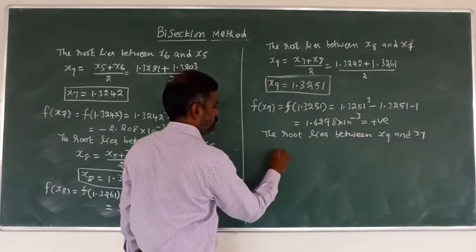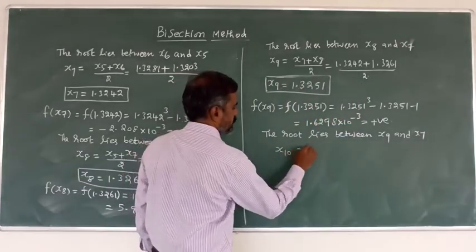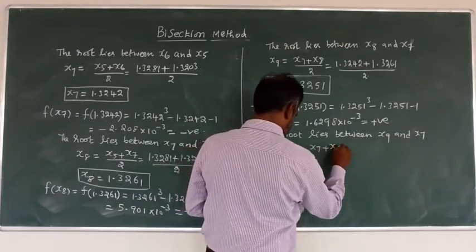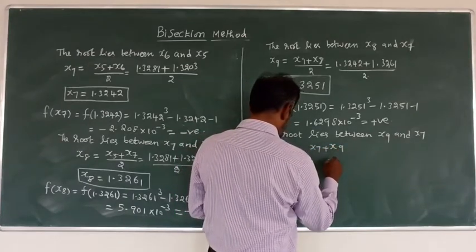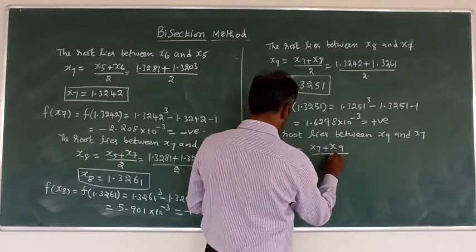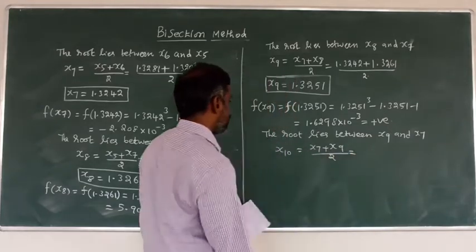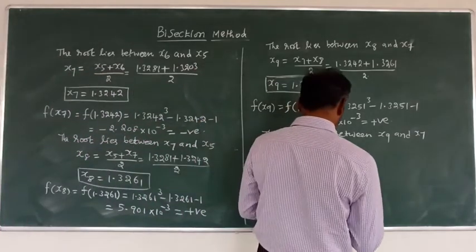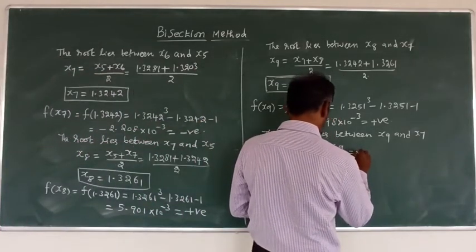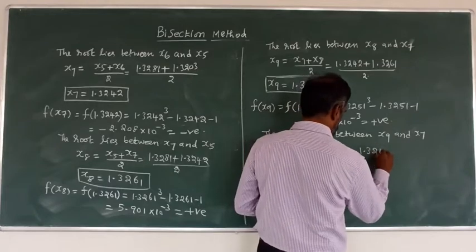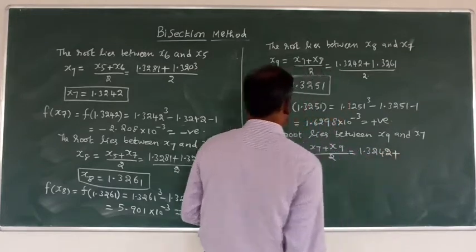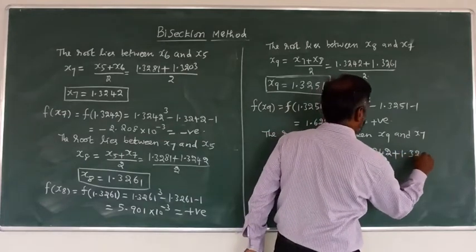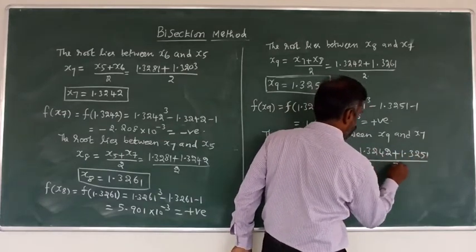Now the 10th iteration: x10 equals the average of these two, x7 plus x9 divided by 2. x7 value 1.3242 plus x9 value 1.3251 divided by 2.